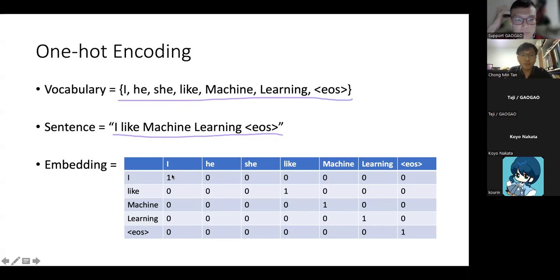I will be encoded with the 1 over here, 1 0 0 0 0 0 0. Like will be encoded here as a 1. That's why it's called one-hot encoding, because in every row there's only one 1. So it will be encoded as a 7-dimensional vector.